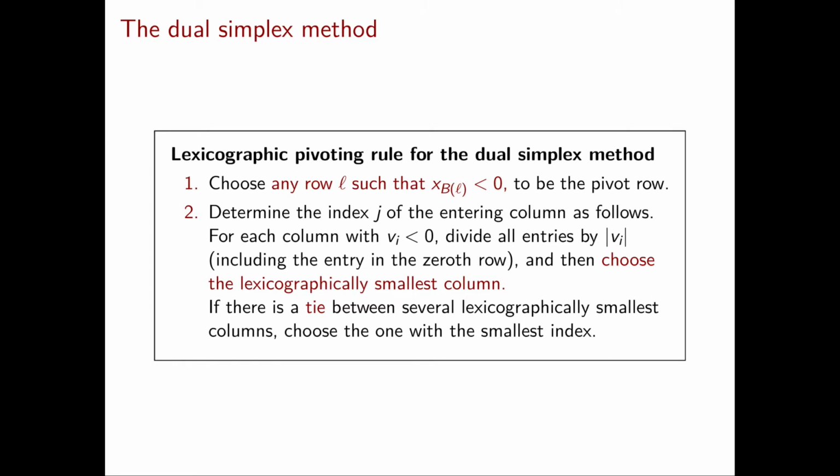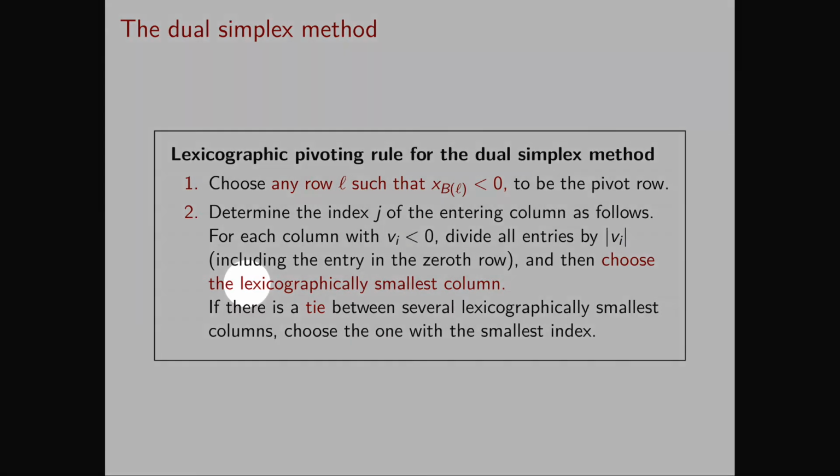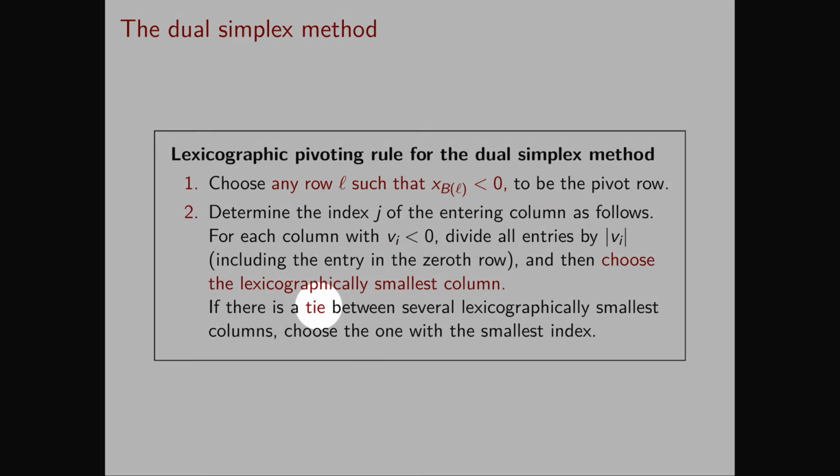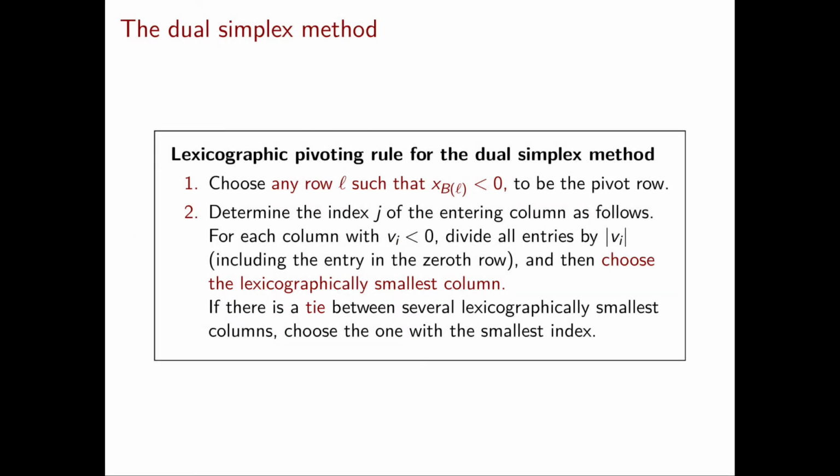index. Now I leave it to you to compare this lexicographic pivoting rule with the corresponding one for the primal simplex method. The most important difference here is that while in the primal simplex method it was not possible to have any tie between the lexicographically smallest rows, in the dual simplex method it can indeed happen that you have a tie between several lexicographically smallest columns.